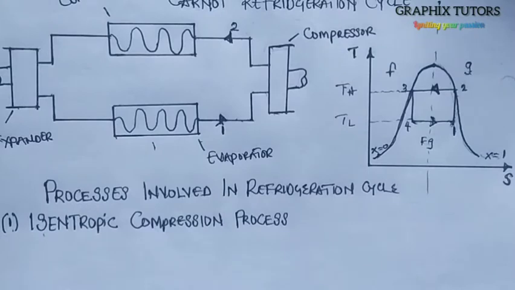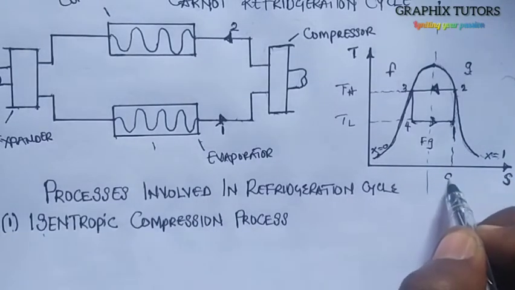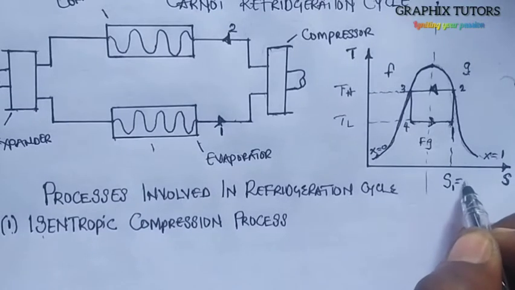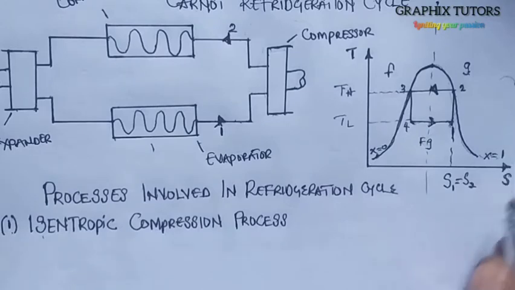So at state 1, things you need to understand is that the entropy at state 1 is equal to what? The entropy at state 2, right? And also we know that our Q from state 1 to 2 is equal to what? 0. Because of what? It is adiabatic, right? And the pressure is high.